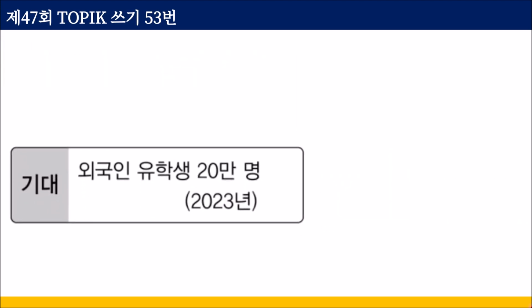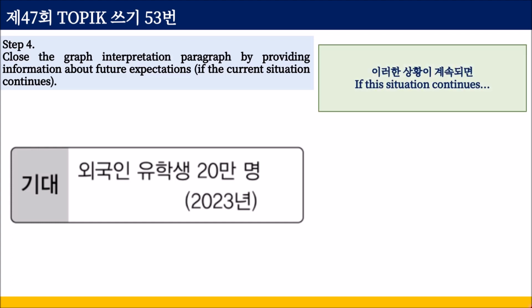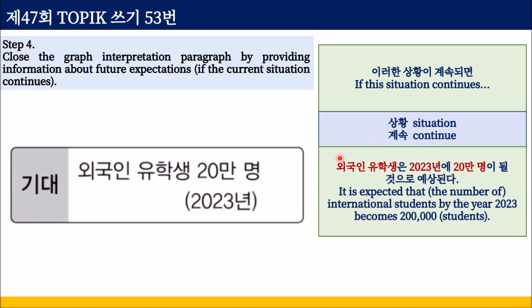The future expectation. Close the graph interpretation paragraph by providing information about future expectations if the current situation continues. It will be like this. 이러한 상황이 계속되면, if this situation continues, so 상황 is situation and 계속 is continue. 외국인 유학생은 2023년에 20만 명이 될 것으로 예상된다.